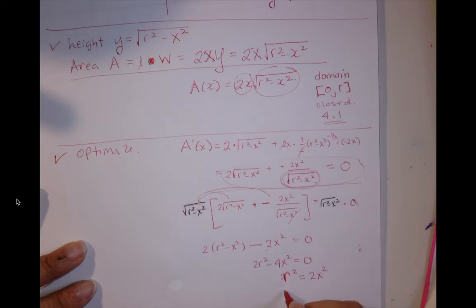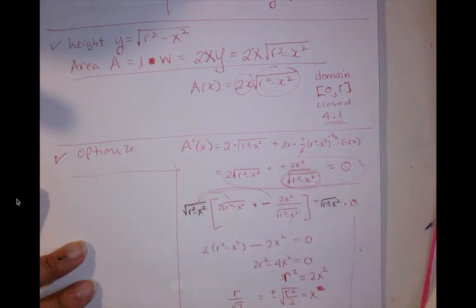Dividing by 2, I get x equals plus or minus the square root of r squared over 2. Of course, I can only take a positive number here, and r is positive, so what I have is positive r over root 2.